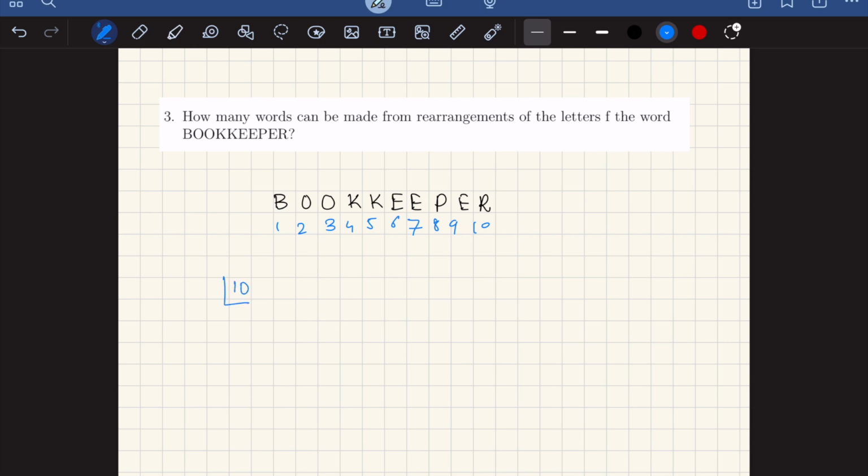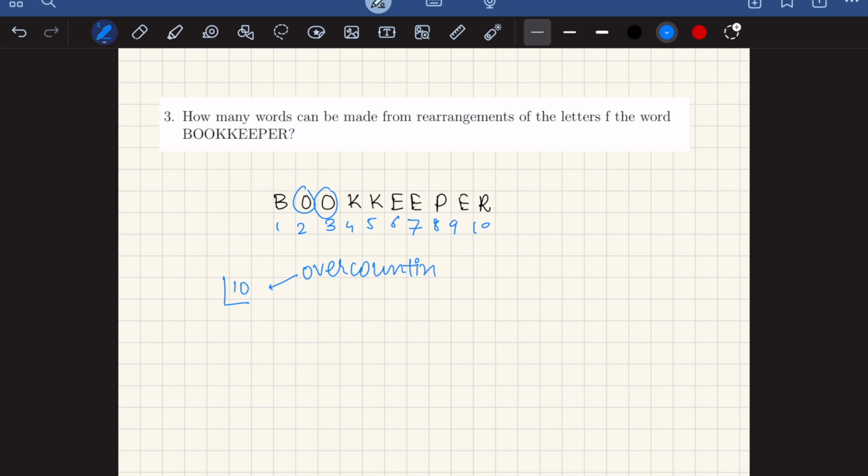But this is not the correct answer because there are repetitions here. For example, writing the third O first and the second O here should not be counted as different, because those are essentially the same word. So here we are overcounting.